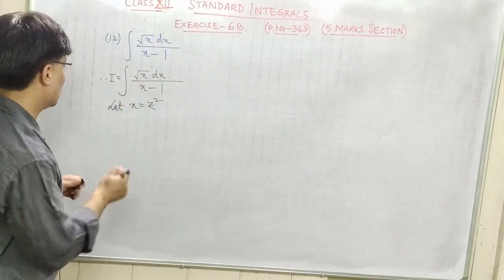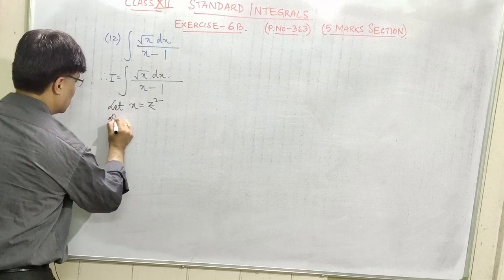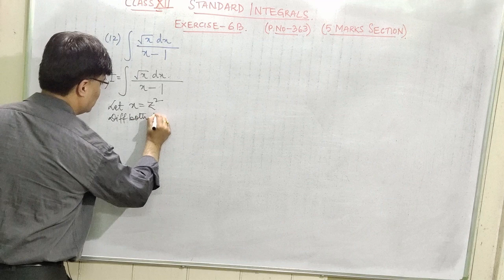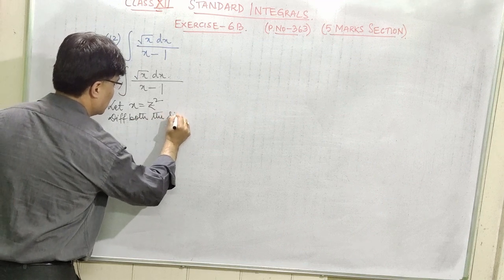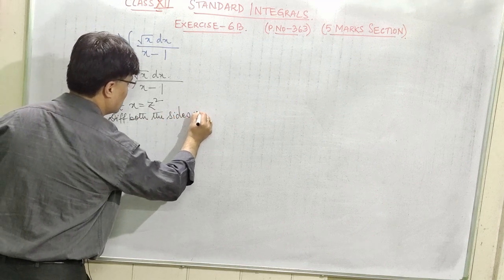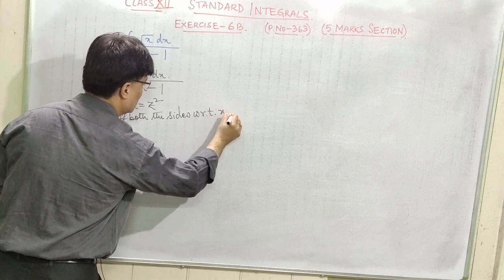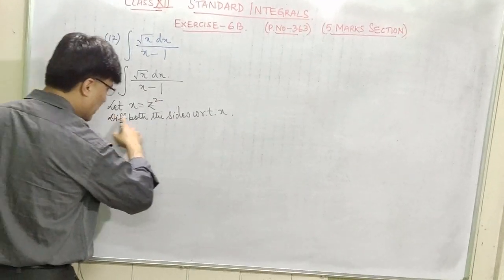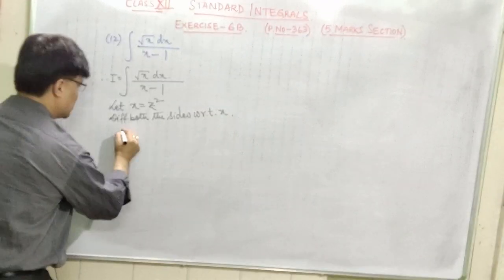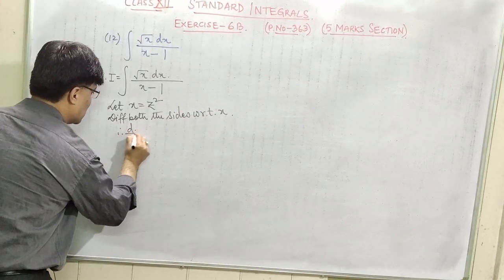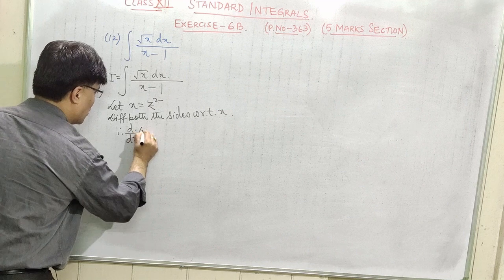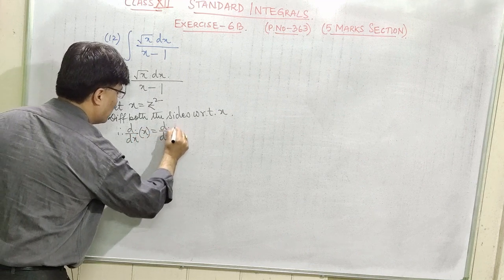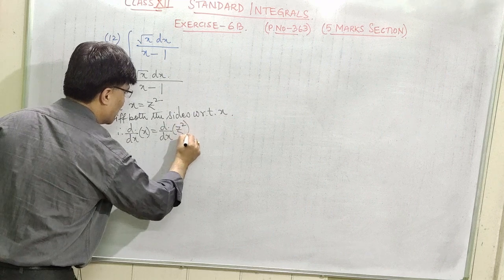Okay, so let us differentiate it. So differentiating both the sides with respect to x, or you may write with respect to z also. So we are writing here with respect to x. So therefore this is d/dx of x is equal to d/dx of z square.